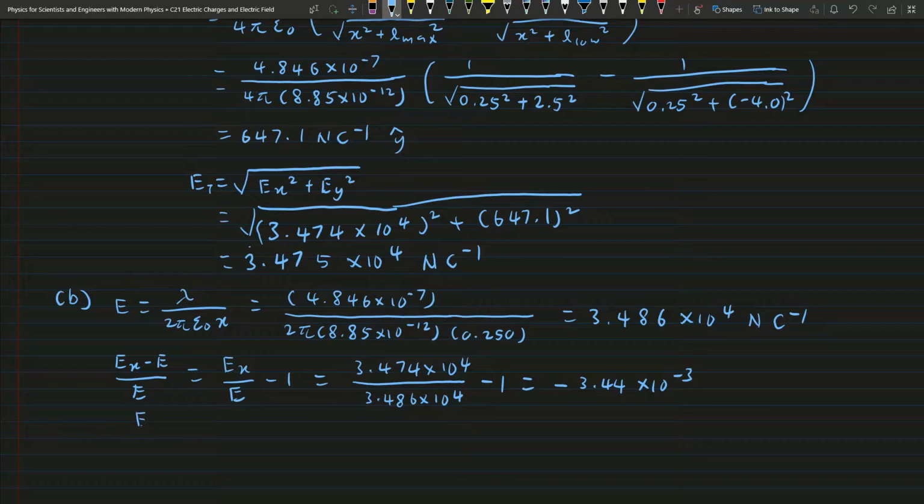Now we also want to find out this Ey over E. This is 7.1 over... hmm, I get 0.0186.